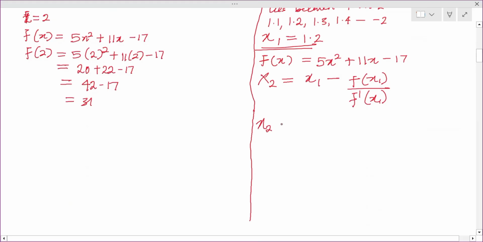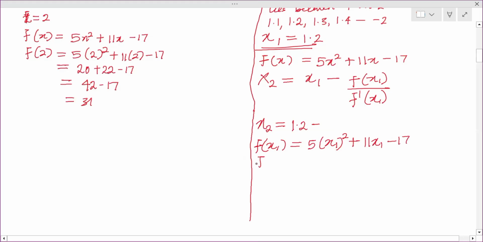So as simple as ABC, our x2 will now be equal to x1. What is the value of x1? 1.2 minus f of x1. So in this function, I'm going to rewrite it in terms of x1. So f of x1 will be equal to 5x1 all squared plus 11x1 minus 17.